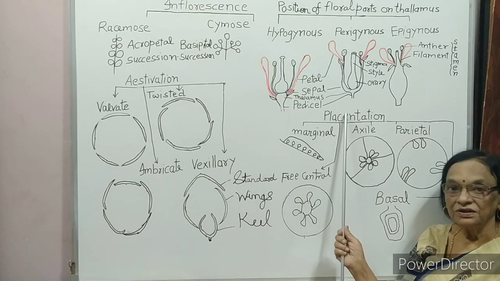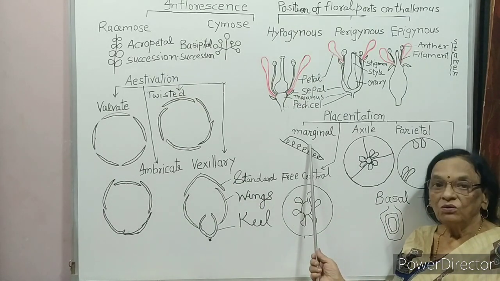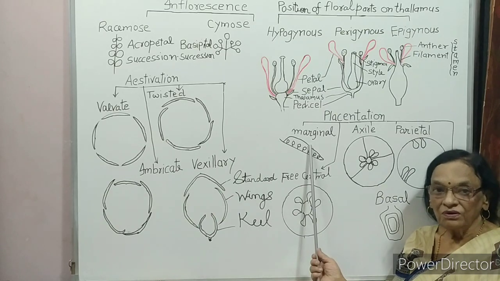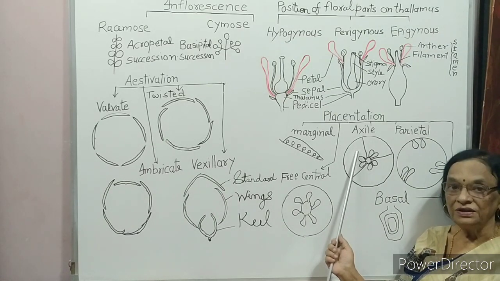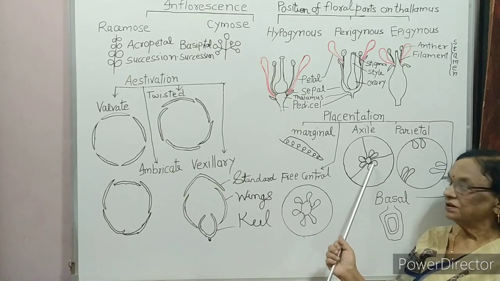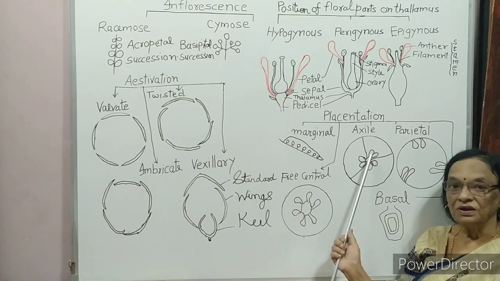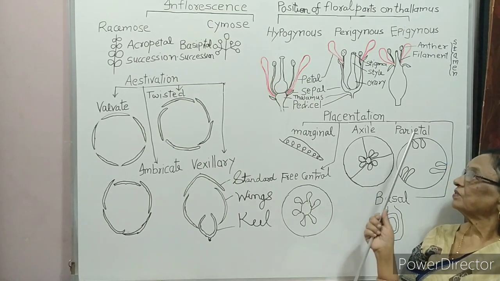So placentation is of 5 types. Marginal, ovule developing from the margin. Axile, ovary divided into locules; locule means chamber, and these locules develop ovule through the center.